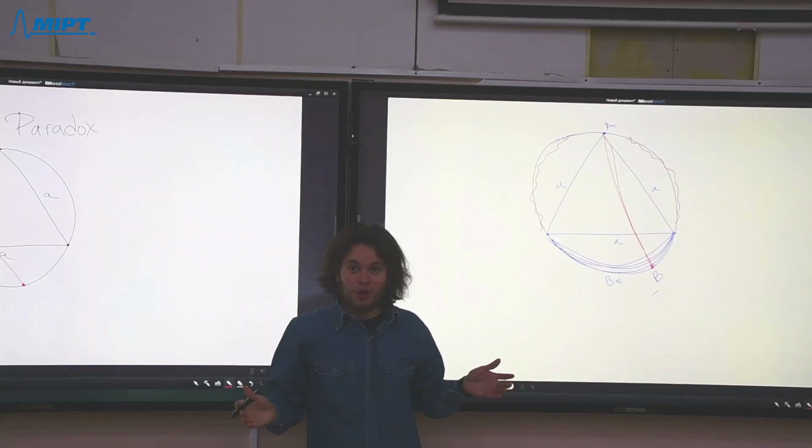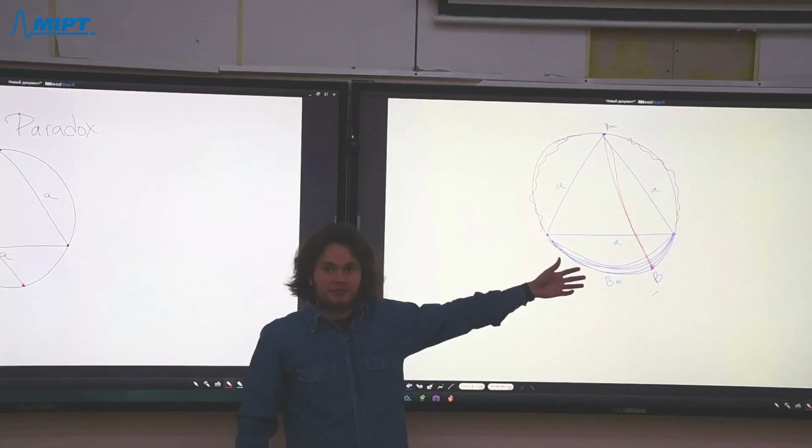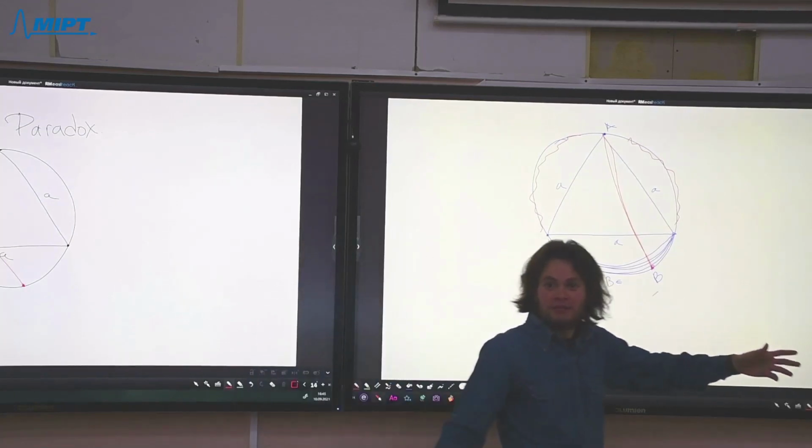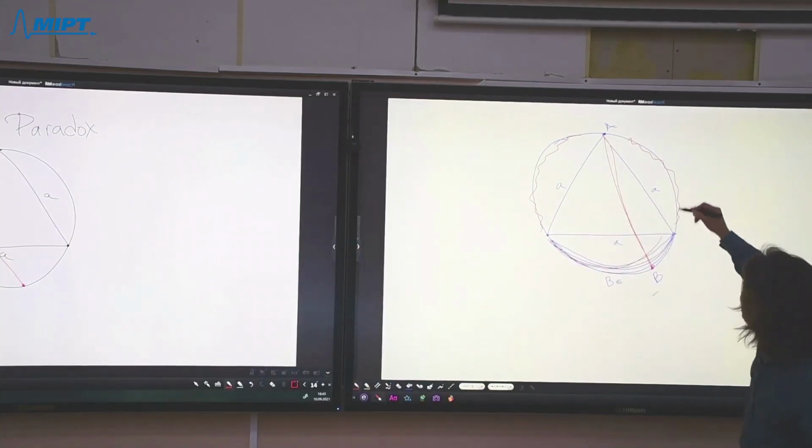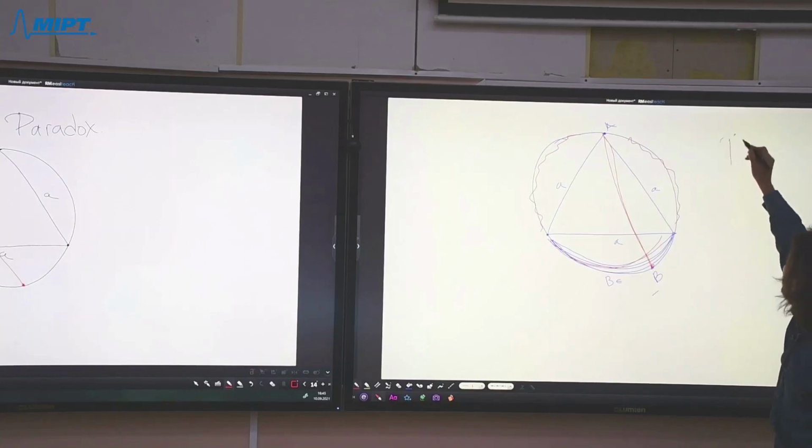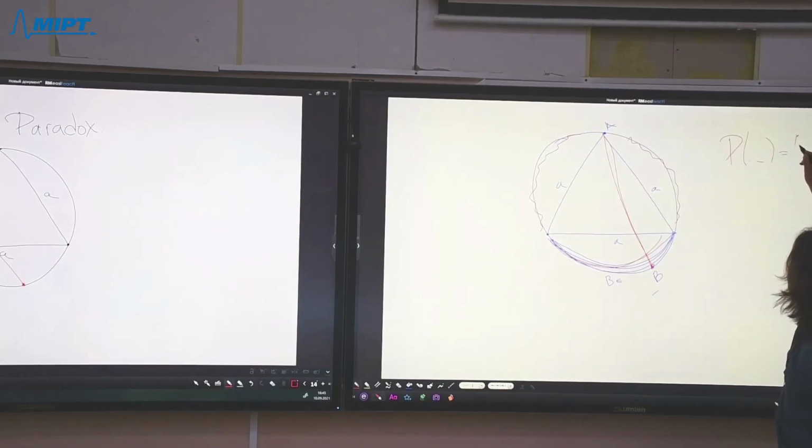So what's the probability? 1/3, right? Yeah, because this length and this are equal. So the probability in this case is just 1/3.